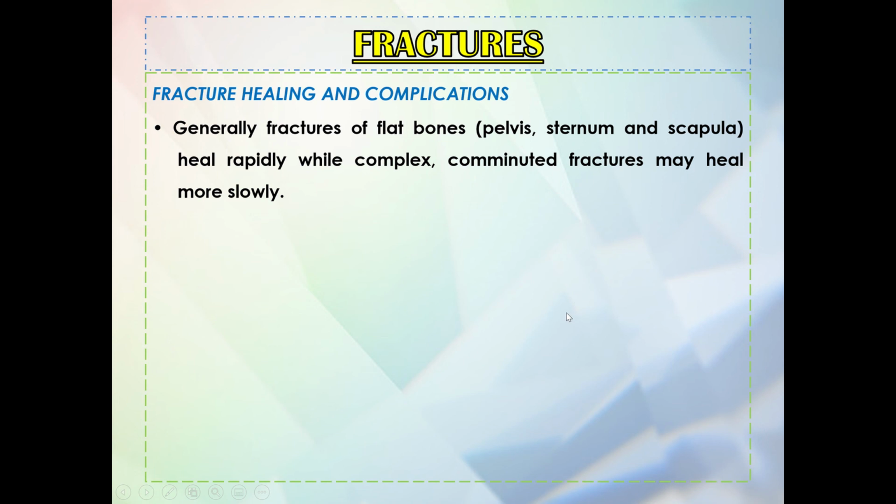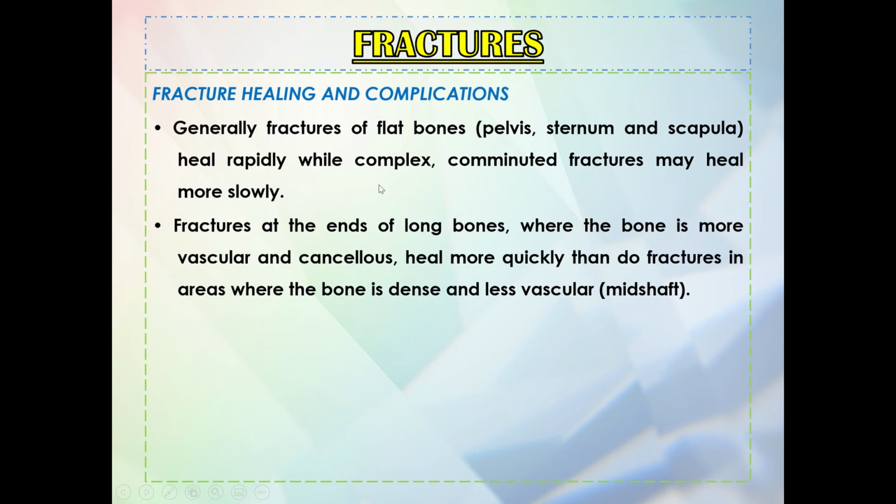Fracture healing and complications. Generally, fractures of flat bones, such as the pelvis, sternum, and scapula, heal rapidly, while complex comminuted fractures may heal more slowly. Fractures at the ends of long bones, where the bone is more vascular and cancellous, heal more quickly than fractures in areas where the bone is dense and less vascular.